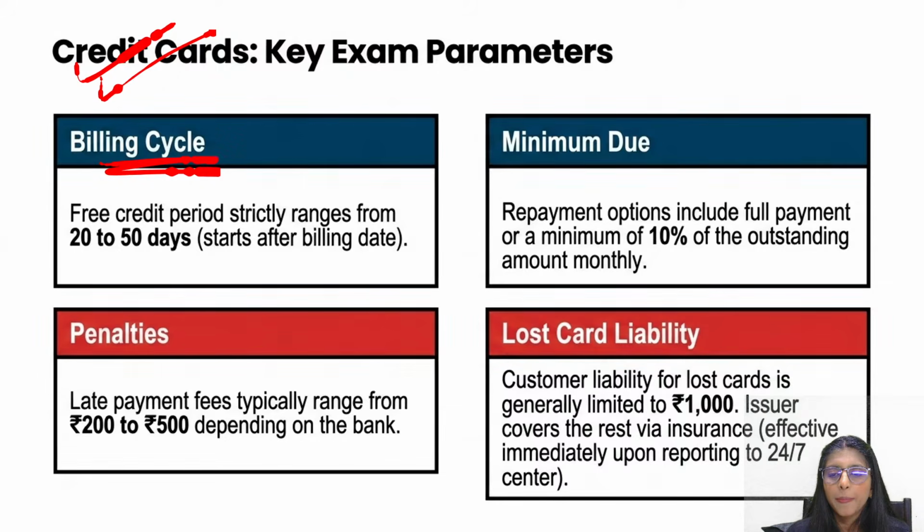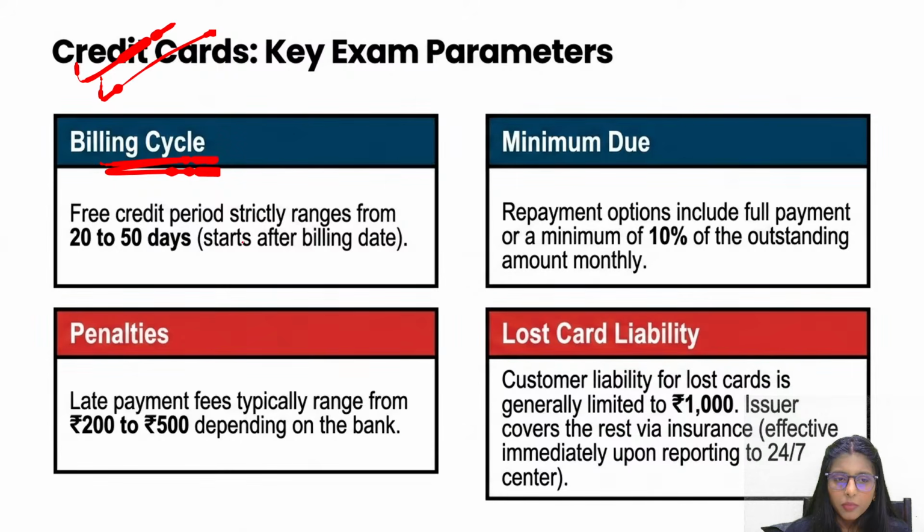At the end of the billing cycle, banks generate the statement showing the purchases, cash withdrawals, interest-free period, and total amount. For example, if the statement date is the 5th of every month, then transactions from 6th April to 5th May will appear in one bill. This is a billing cycle.